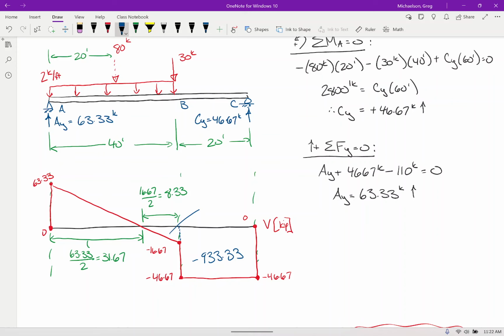Negative 69.39. I got negative 69.43. This is close enough. We'll go with this. We're going to go with 69.4. There we go. I think we can all coalesce around this.